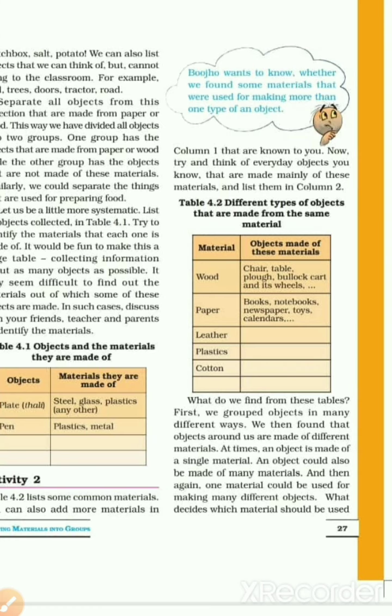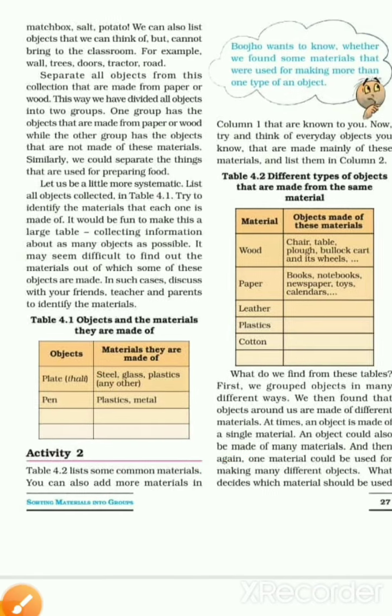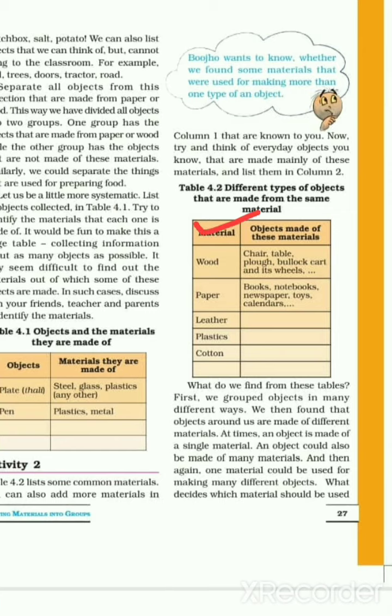So till here what we have learned is objects and the materials they are made up of in 4.1, and in 4.2, different types of objects that are made from the same materials. Let's move ahead. What do we find from these tables? First, we grouped objects in many different ways.